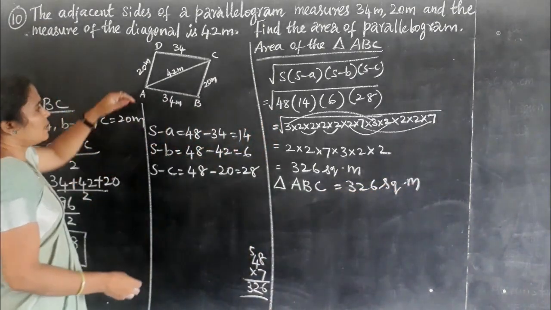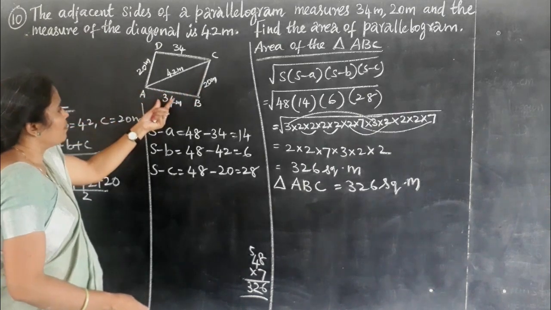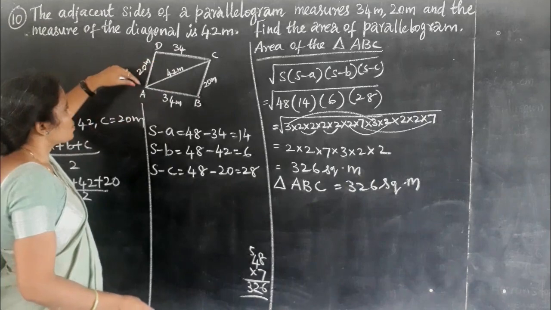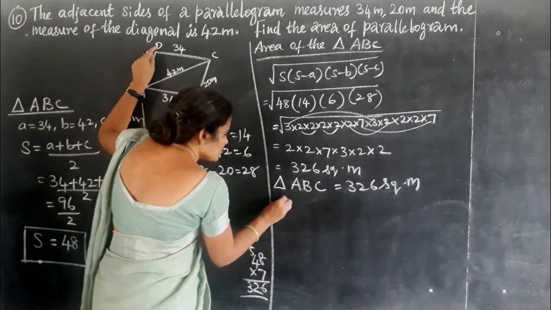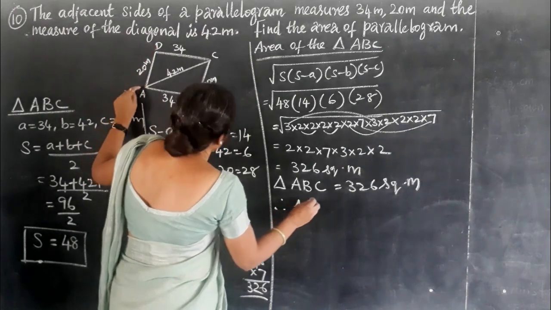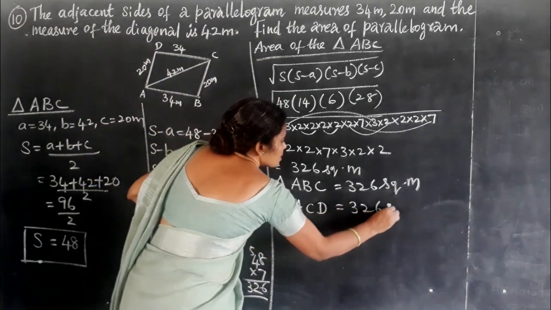And here you can see ABC is the same, adjacent sides are equal. So triangle ACD is also 336 square meter.